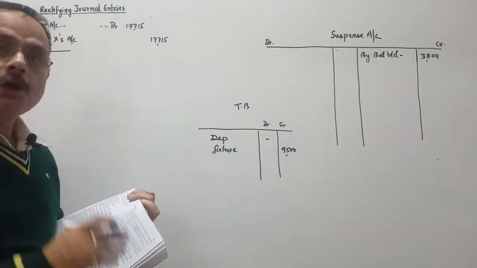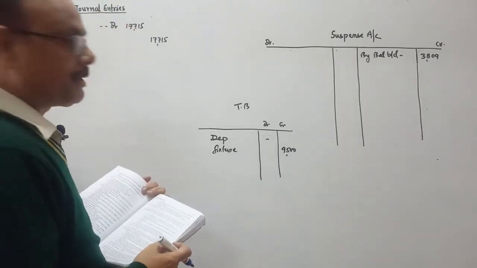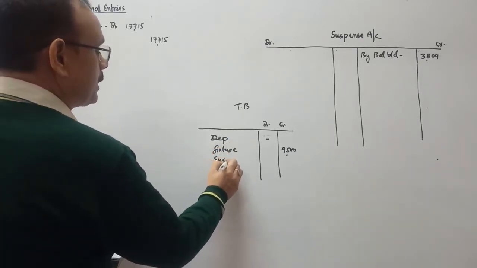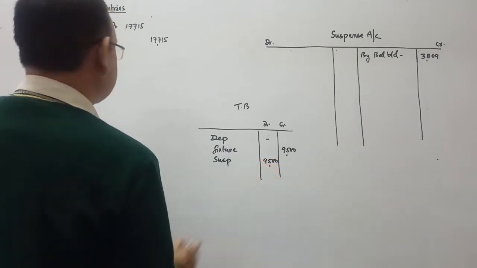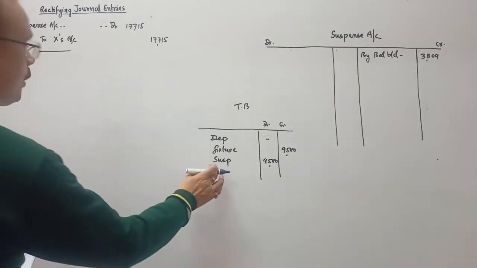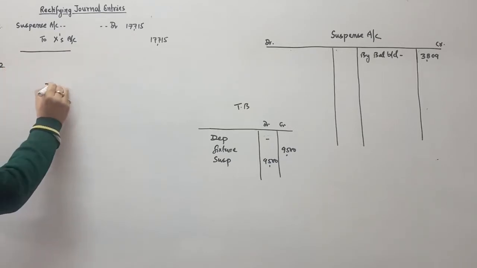9,500 is not posted to the ledger of depreciation. Because of that, we will open the suspense account. Which side? Debit side, 9,500, to tally the trial balance. Now for rectifying, the suspense account will be cancelled.